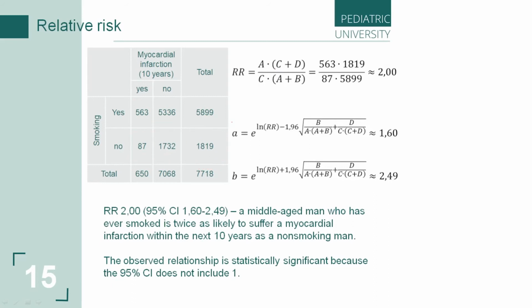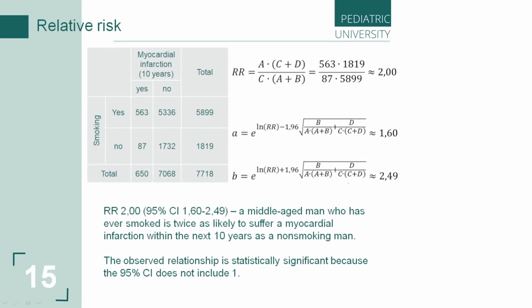So, let's see, we get about 2. This is the relative risk. If we calculate the confidence interval bounds, the lower bound turns out to be 1.6, you can see, as a result of this calculation. And the upper bound turns out to be 2.49 or 2.5, we can say. This is the upper bound, the result of calculation by this formula.